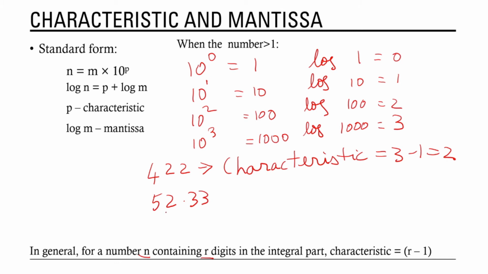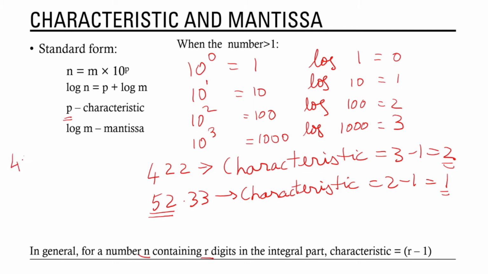Here the integer part contains 2 digits. So, the characteristic is 2 minus 1, which is equal to 1. That is, this p is 2 in the case of 422 and it is equal to 1 in the case of 52.33.